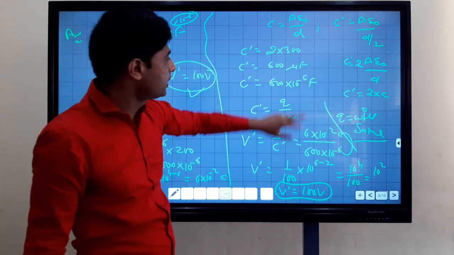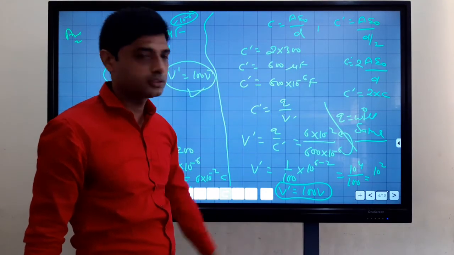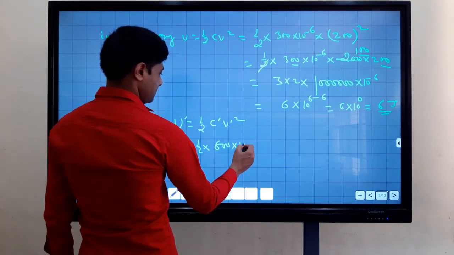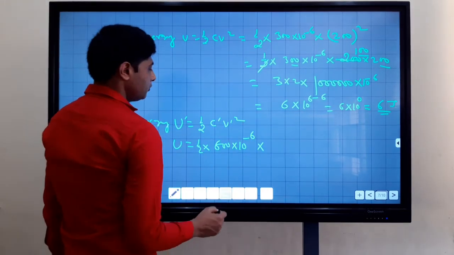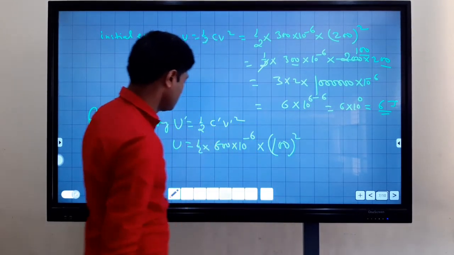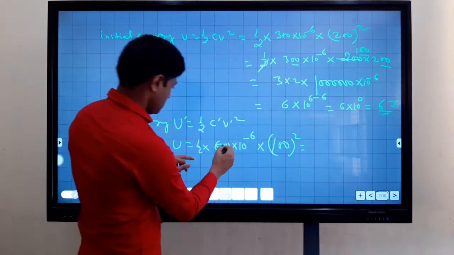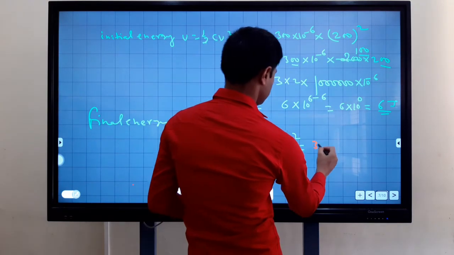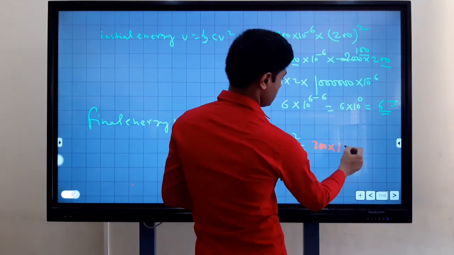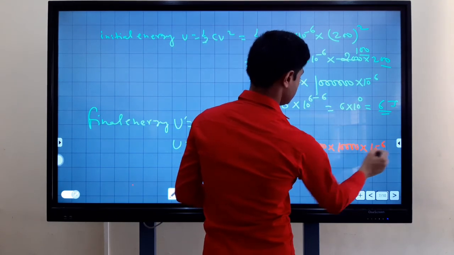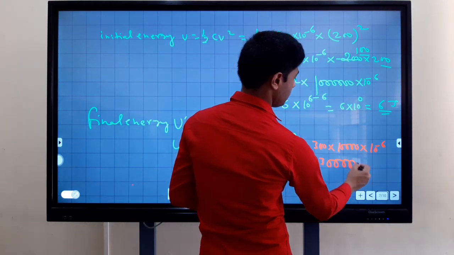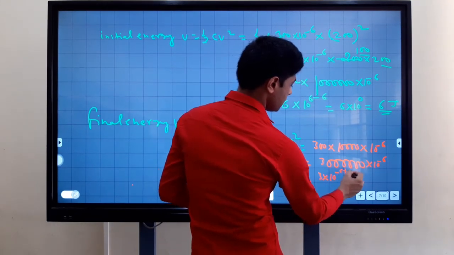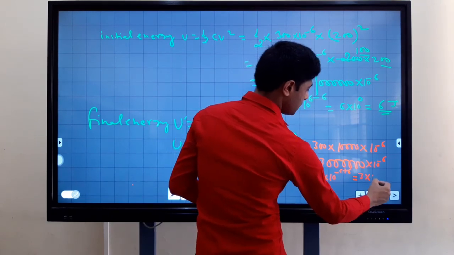It is equal to 600 microfarad, or 600 into 10 to the power minus 6 farad. The value of voltage is 100 square. Multiplying, it means 3 into 10 to the power minus 6 plus 6, which means 3 into 10 to the power 0.